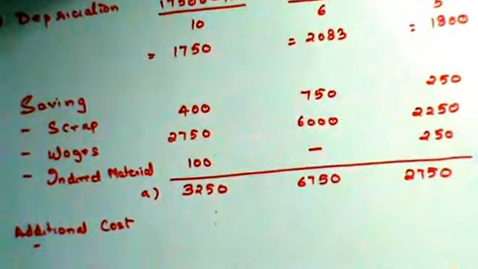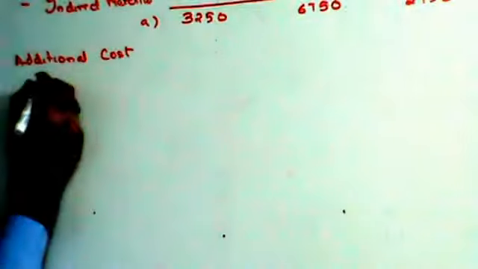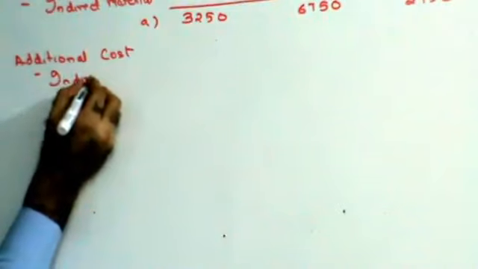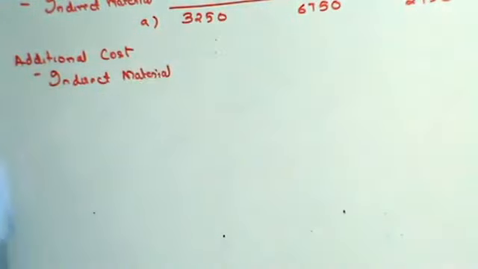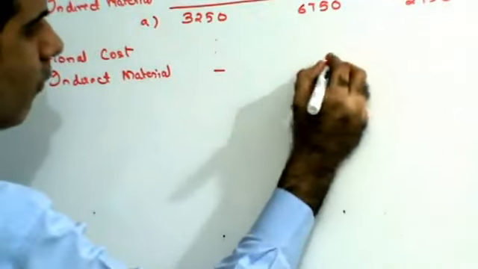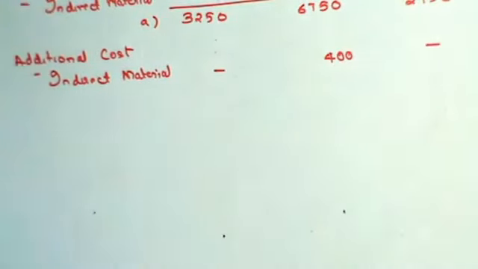In terms of additional cost, you have indirect material, which is given to you as nil, 400 and nil.